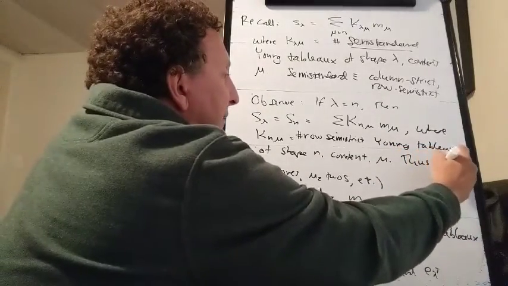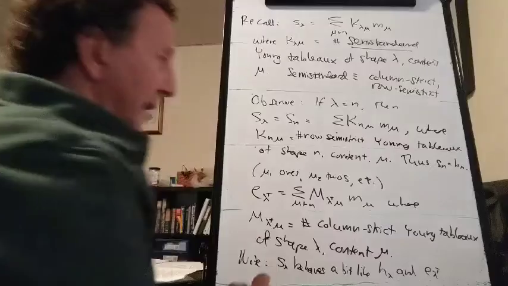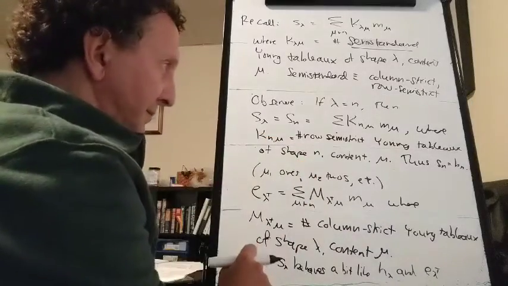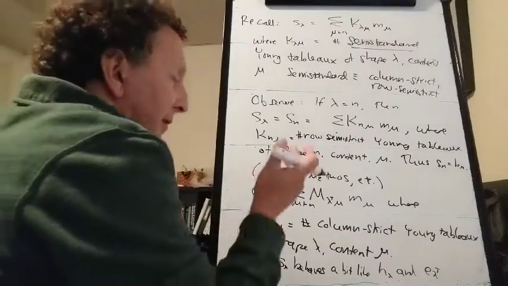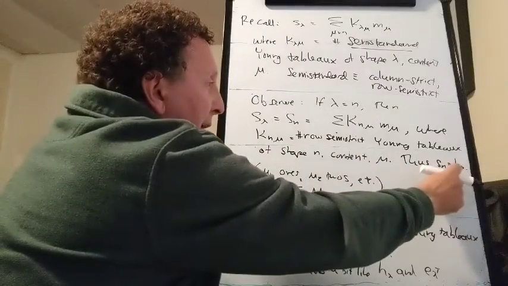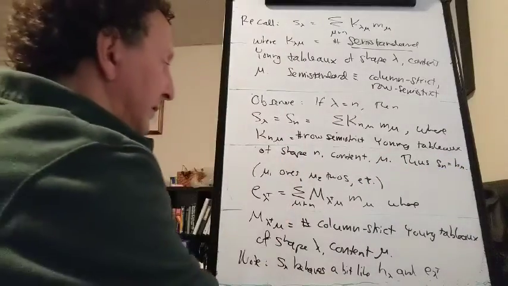So that means that s n is just the homogeneous symmetric function h n, because that's exactly the expansion of the nth homogeneous symmetric function in the monomial basis.